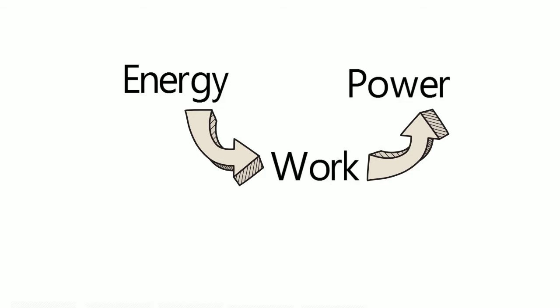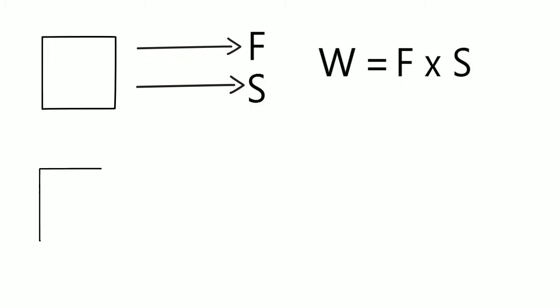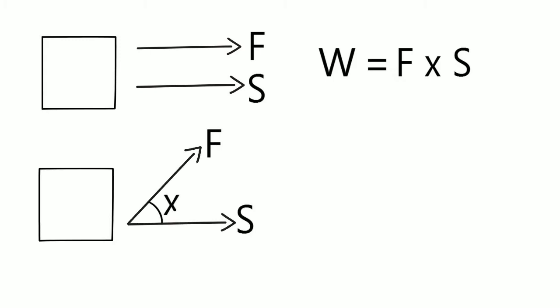There are varieties of situations where the equation for the work done changes. If a force is applied on a body and the displacement is in the same direction as the force, then the work done is equal to the product of force and the displacement. But if the force and the displacement are in two different directions, making an angle of x between them, then the equation for the work done changes.